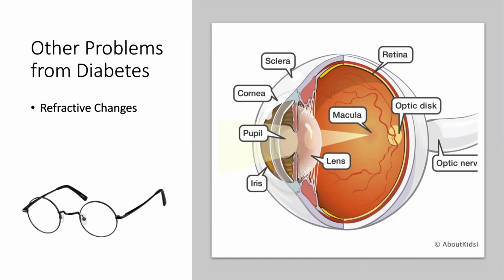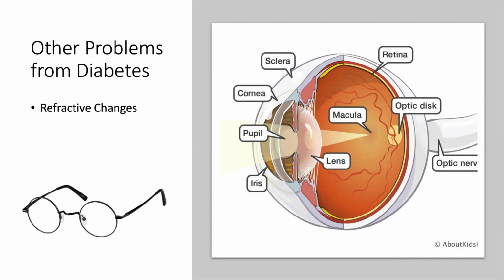But their steroid actually kind of caused them to go into a diabetic state, and they were really thirsty, and so they were drinking a lot of sugary beverages, and all that extra sugar gets into the lens of the eye and causes the lens to swell. And when that lens changes shape, it can change your glasses prescription.